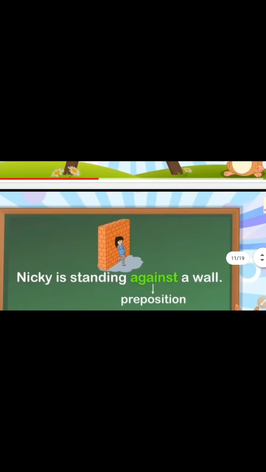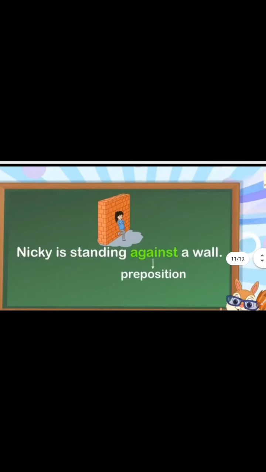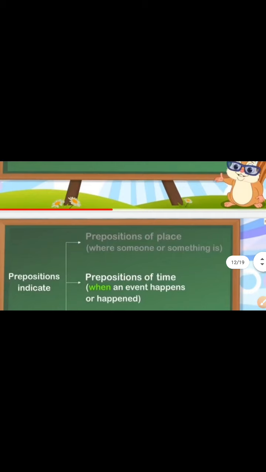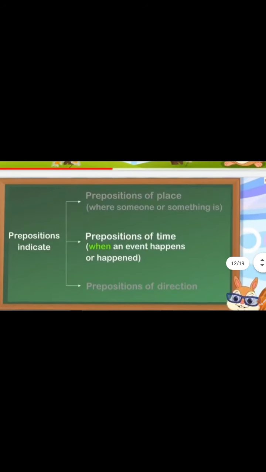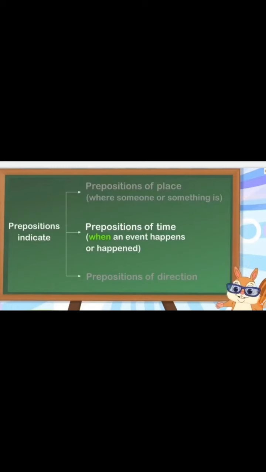So the word against is showing the place of Nikki, and that's why against is a preposition. We can have other examples also, like my book is in the bag, my diary is on the table, I am standing near the chair, right, children are playing near the tree, or the birds are on the tree.